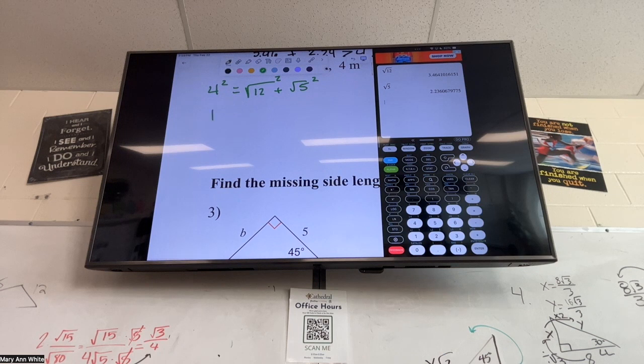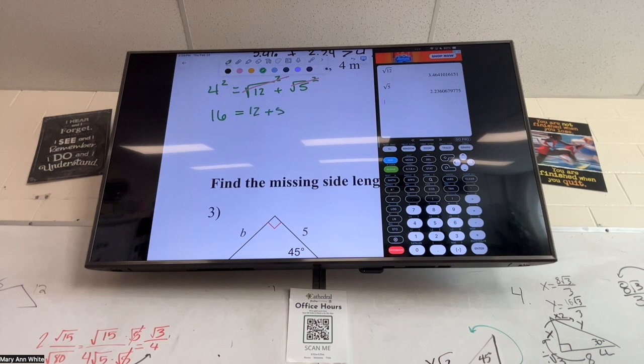So 4 squared is going to be 16. What's square root of 12 squared? Square root of 12 squared, just 12. What's the square root of 5 squared? 5.